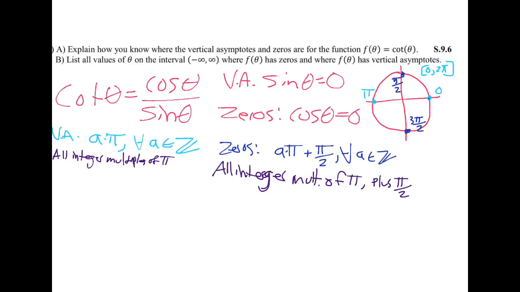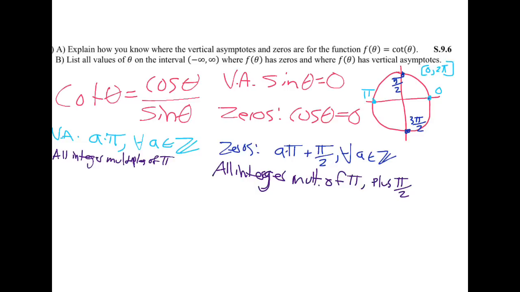If a is 1, then we get pi plus pi over 2, which is 3 pi over 2, and we're straight down. If a is 2, then we get 2 pi. Well, 2 pi is the same as 0, and then we add pi over 2, and we're straight up again. Make a 4, and then 4 times pi is, again, the same as 2 pi, and we're there. What about 5 pi? Well, 5 pi is the same as pi, and then add pi over 2 to it, you're at 3 pi over 2 again.